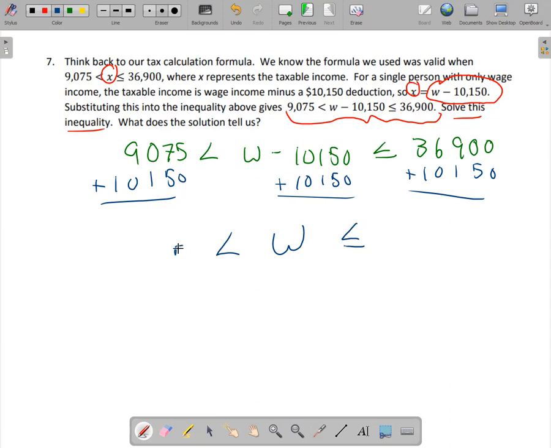That's going to be 19,225. I'm getting 19,225. Anyone else? Yeah. Okay. On the other side, what do we get? 0, 5, 9 and 1 is 10. 6 and 1 is 7, 3 and 1 is 4. 47,050. Cool.